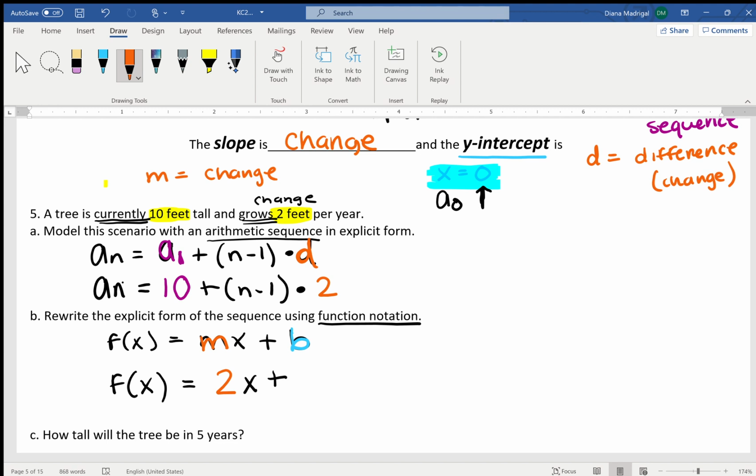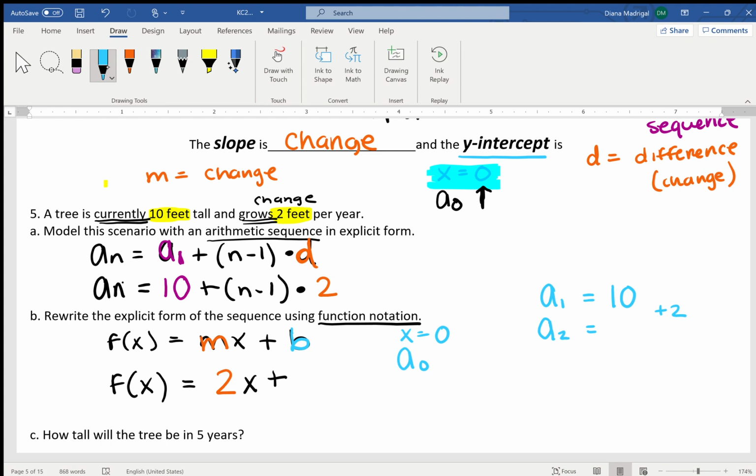b is the starting point when x is 0. And I told you earlier, that is when a is 0. That will give me my number for b. Notice how for the arithmetic sequence I have a_1 equals 10. Remember, the change is 2, so a_2, all I have to do is add 2 because it's changing by 2.